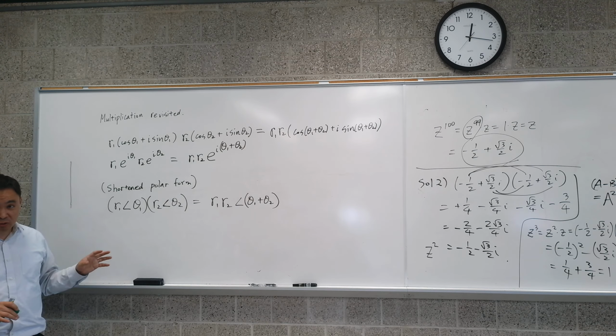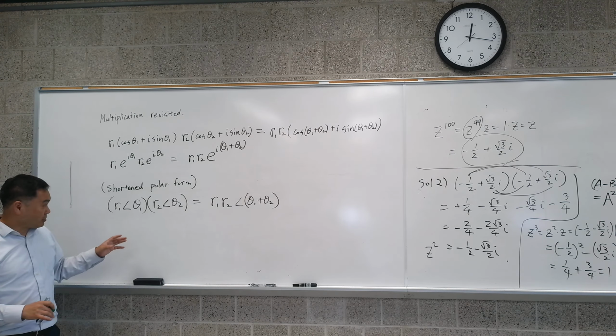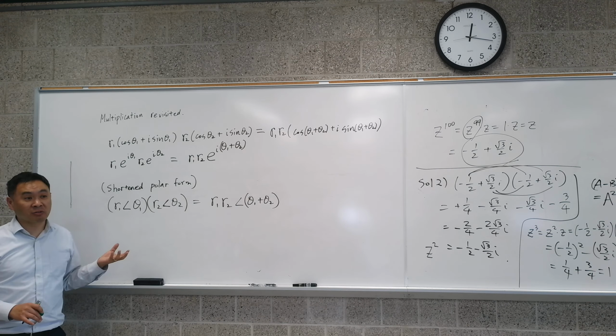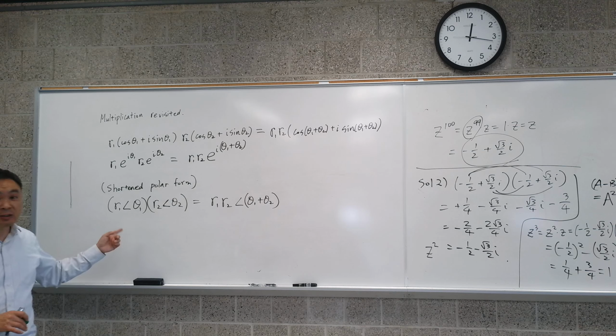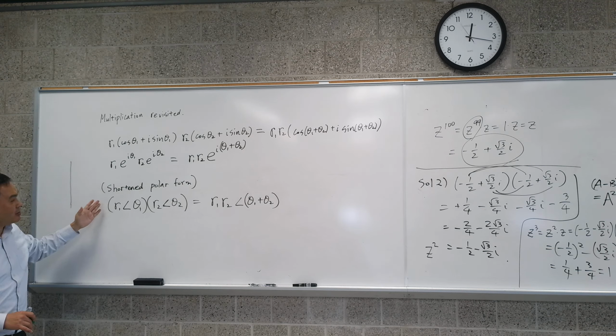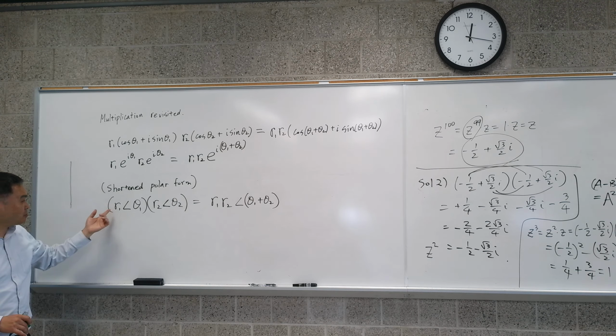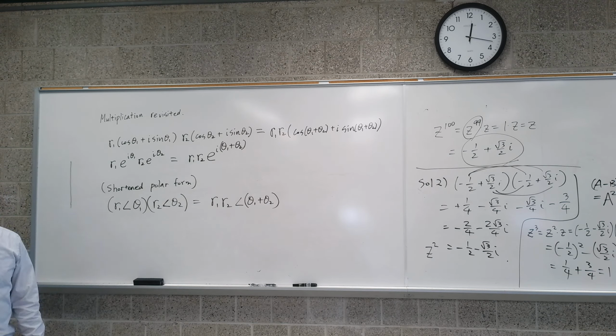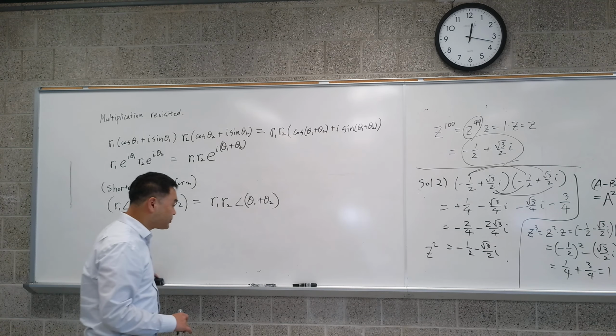When you multiply two complex numbers, their magnitudes multiply, but their angles add. That's what this is saying. Both of these might look a bit complicated, but if you write it in this shorthand, it's kind of obvious what's happening. The magnitudes, the sizes, multiply, but the angles just add.